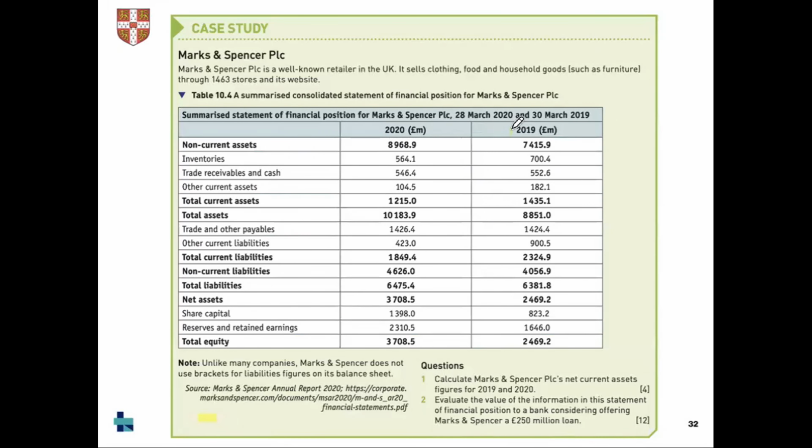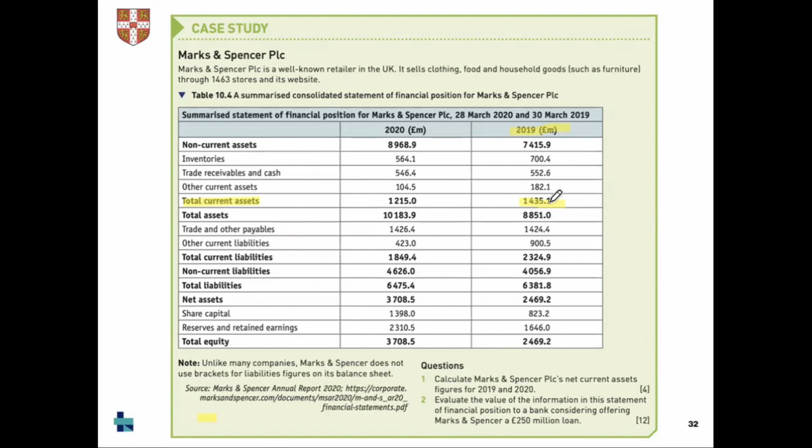Let's start from 2019. The total current assets figure is already here. It is 1,435.1, in millions of pounds, as we can see here. So the figure is actually 1,435,100,000 pounds. The total current assets figure is already here.